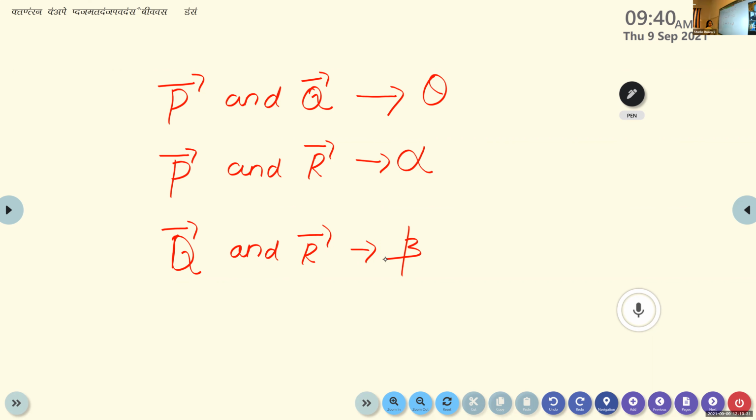While deriving an expression for law of cosine, we considered an angle between vector P and the resultant vector R. But here, to derive an expression for law of sine, we consider an angle between vector Q and the resultant vector R, and it is taken as beta.